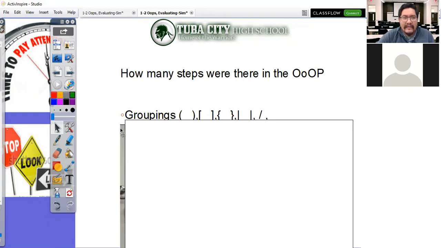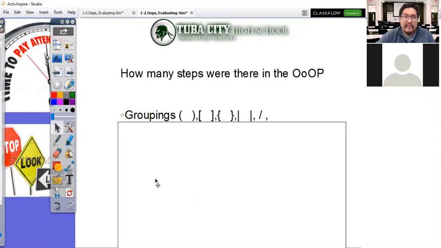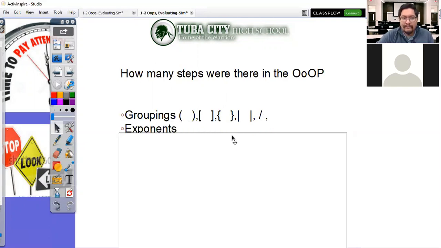So we have groupings. That's the first one most people will remember. Now this one's misremembered as parentheses. But the first step is not necessarily parentheses because there are way more ways that we can group something other than parentheses. So brackets, braces, absolute value signs, and fraction bars. Those are all considered to be grouping symbols.